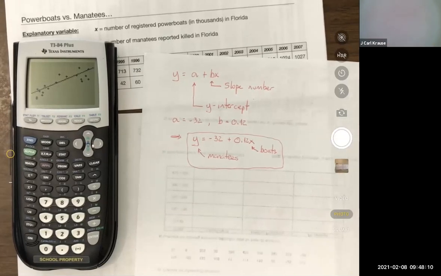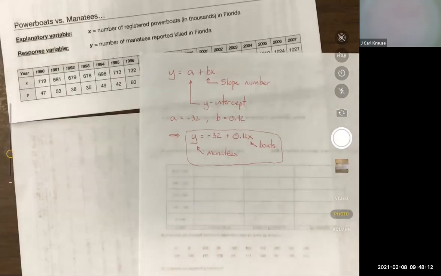And I'll take this calculator, bring it over here. Actually, bear with me just one quick second. I need to do one thing before I move the camera. Hang on just a second.